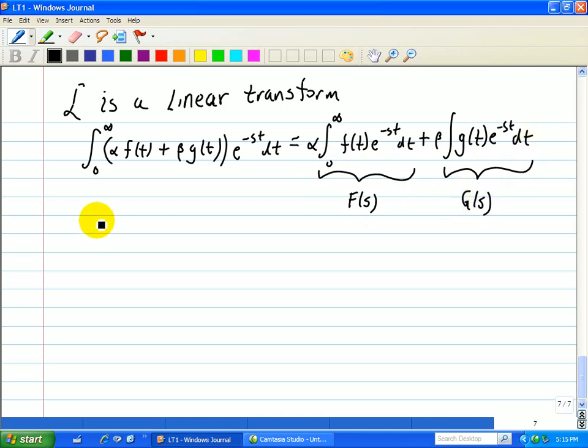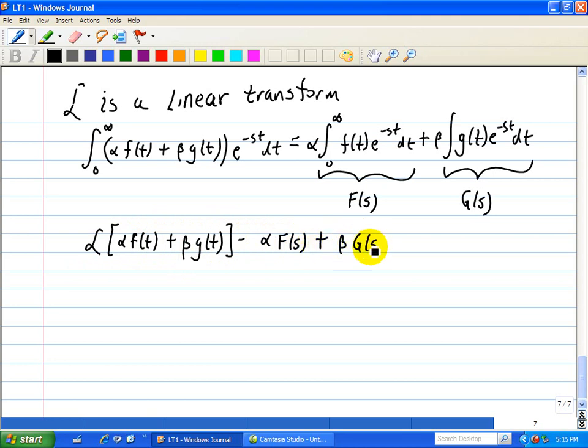Hence, we can write the Laplace transform of alpha f of t plus beta g of t as equal to alpha F of s plus beta G of s.